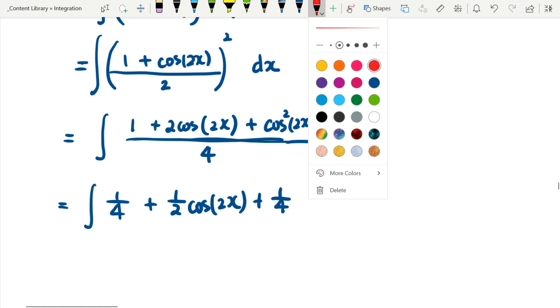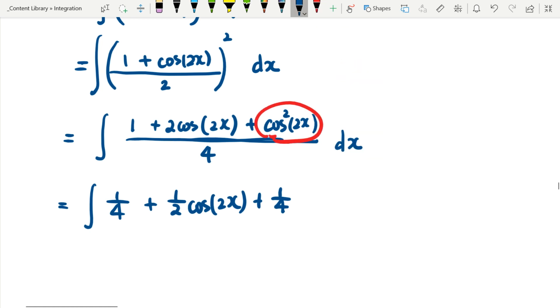Okay, now here, this one is not good. So I need to use the double angle formula again to convert that. That's 1 plus cosine 4x over 2 of dx. You just keep doing this until you have no squares.